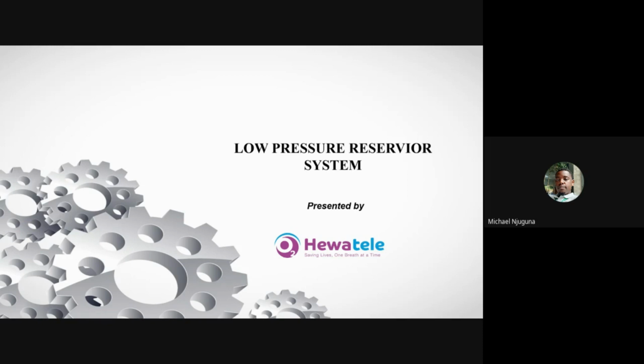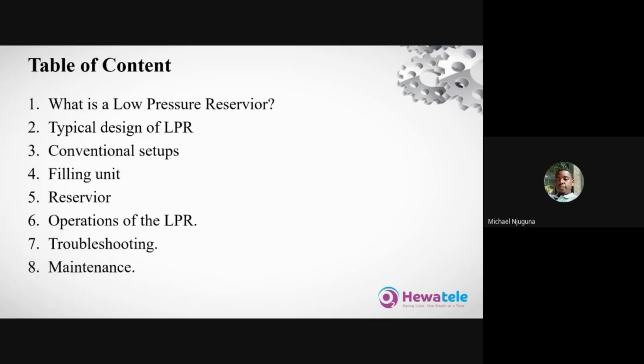So let us start. We will go through a number of sections in this session, and we will go through eight things. First of all, we want to describe and define what is a low pressure reservoir. Then we will go through the typical designs of a low pressure reservoir.